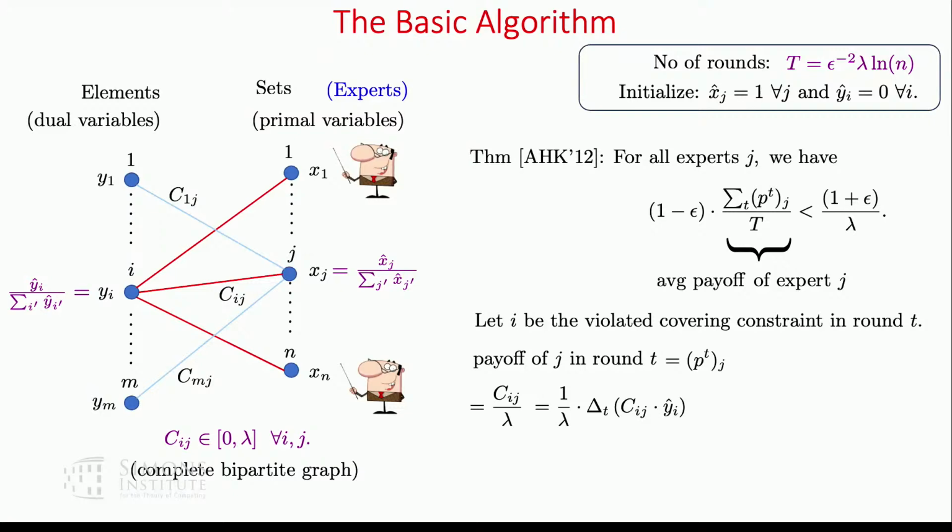And in round t, we only increased the yi hat and no other weights on other dual elements. We only increased yi hat. So this increase is just the same as the increase in the value of the packing constraint, because for all other i primes, yi prime hat did not increase at all.